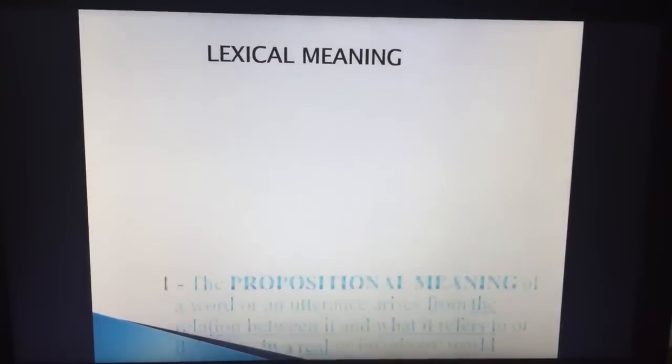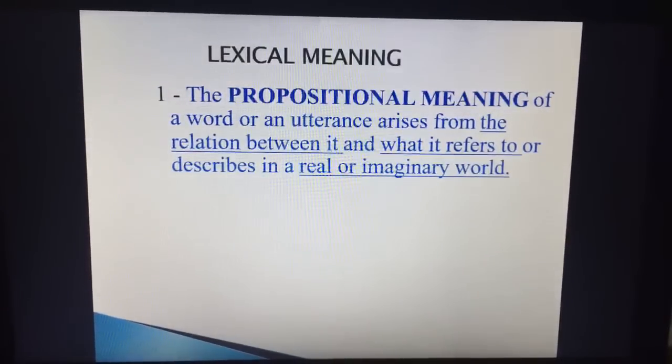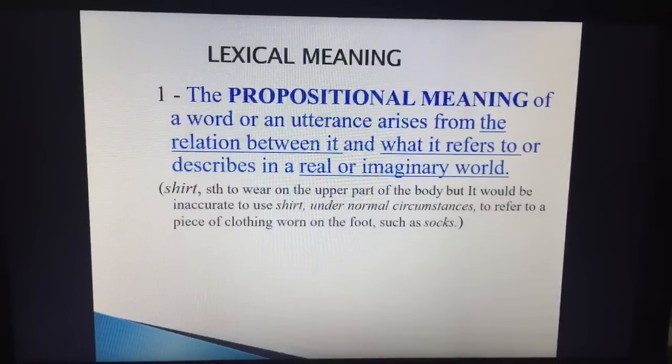Propositional meaning: it's the meaning of a word which arises from the relation between that word and what it refers to, what it describes in the real or imaginary world. So, for example, the word shirt is something to wear on the upper body. But of course, it's inaccurate if you say shirt to refer to a pair of socks.